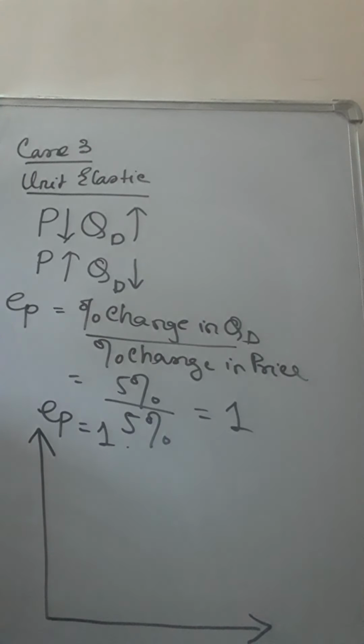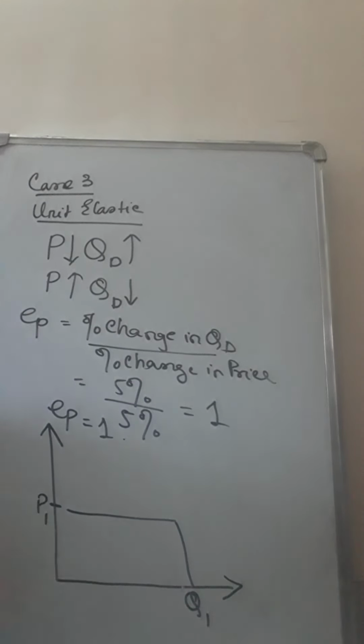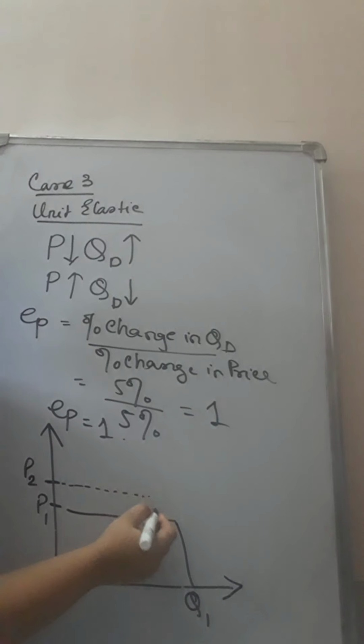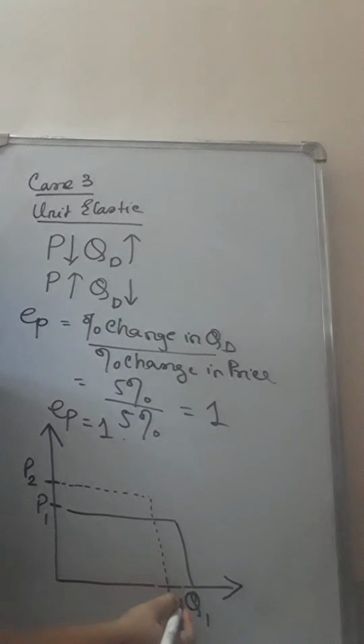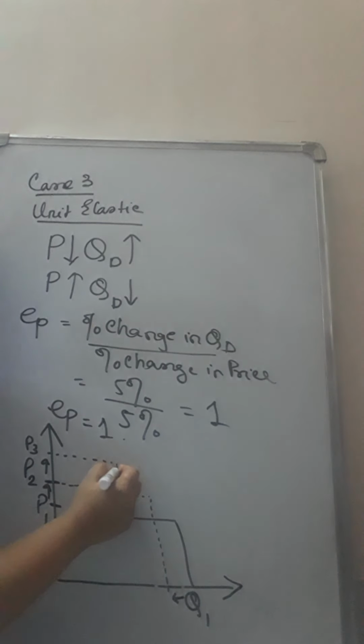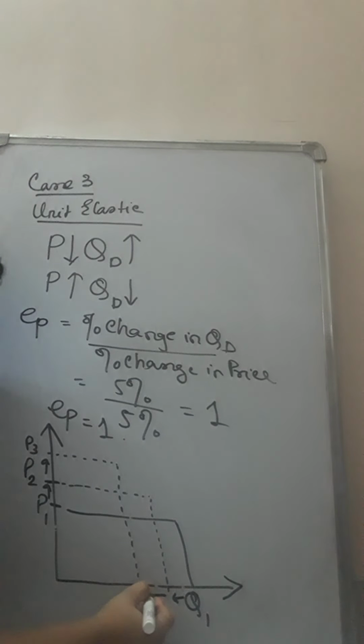Now how will we get the curve? Suppose when the price is P1, the demand is Q1. Now when price increases by this much, the demand will fall as a result of the increased price, but the fall will be exactly equal to as much as the price has risen. If the price rises even further to P3, the demand will fall exactly equal to how much the price has increased.